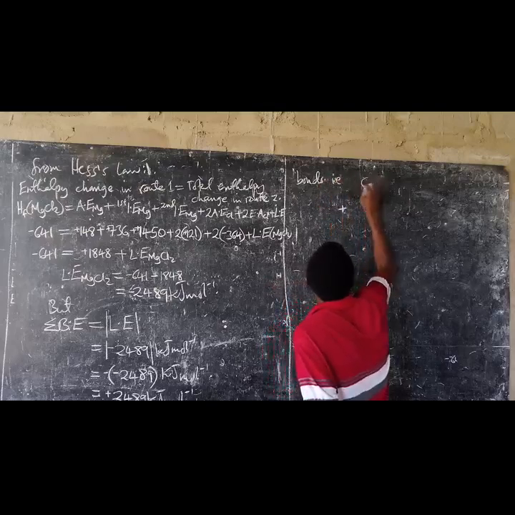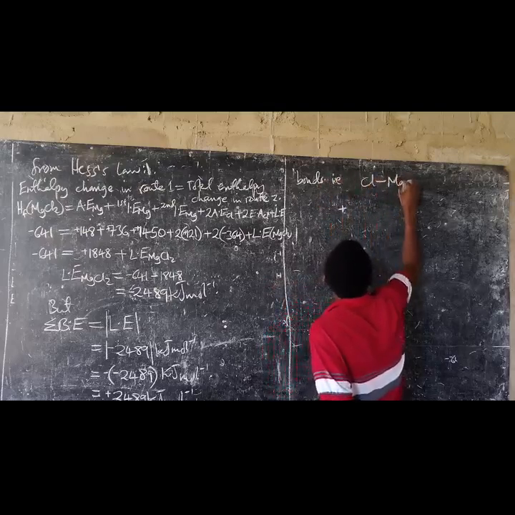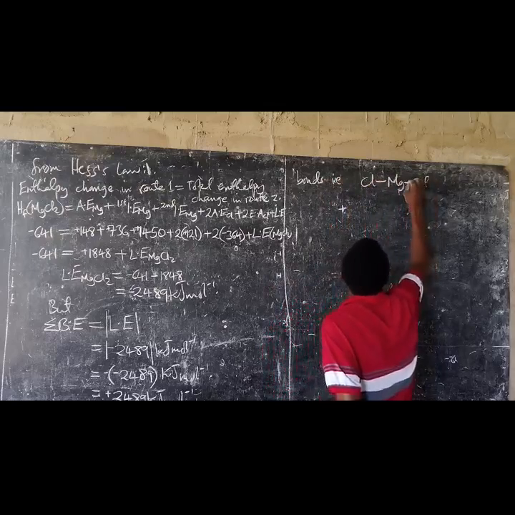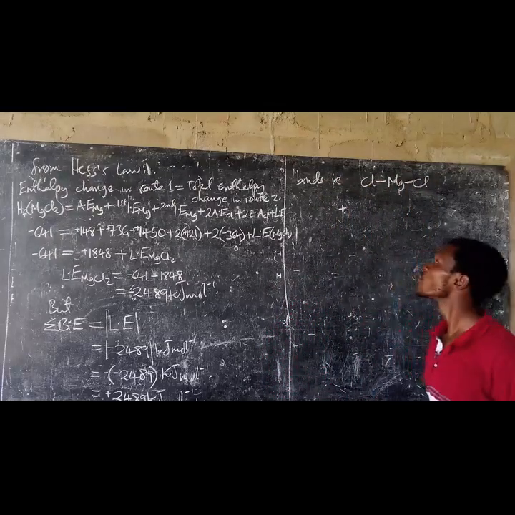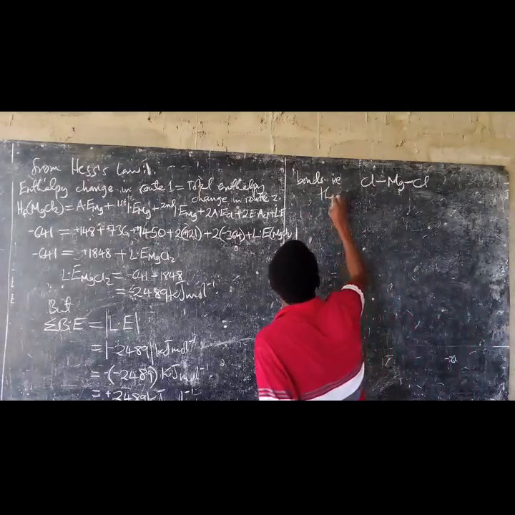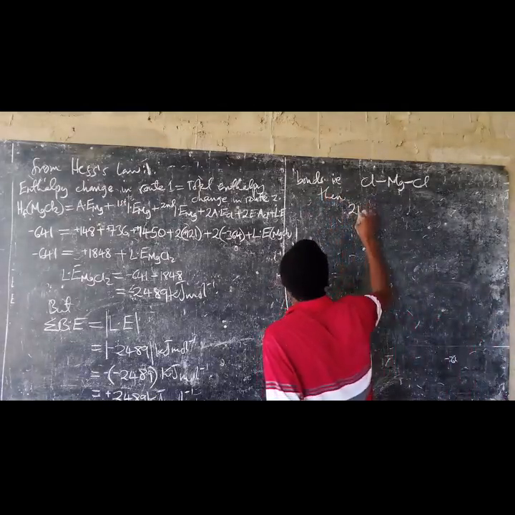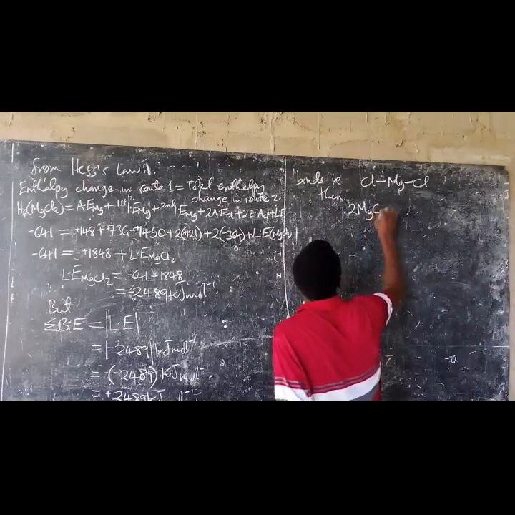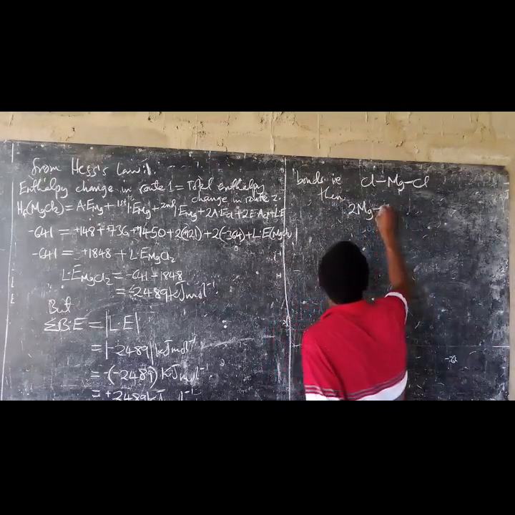That is chlorine, magnesium, chlorine. There are 2 magnesium to chlorine bonds.